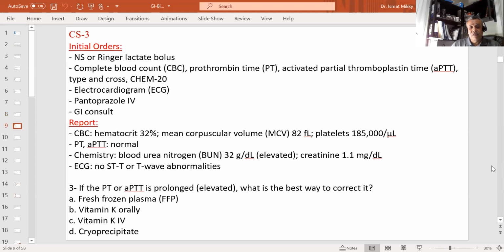So the initial orders, as you see, are normal saline or lactated Ringer's bolus, CBC, PT, PTT, Chem 20, EKG, pantoprazole IV, and GI consultation. So a report came back with these lab values.